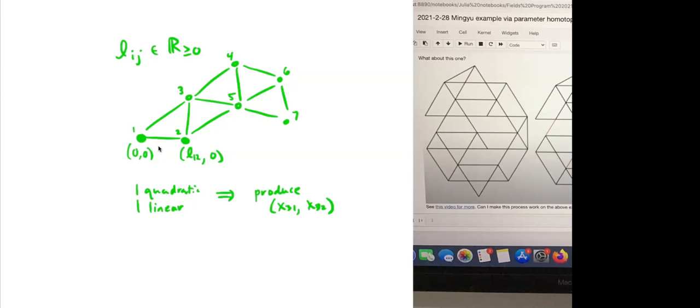And then, okay, maybe I should have labeled these differently. Once we know the coordinates of 3, which we can easily produce by solving a quadratic, so that means we can even do it using square roots, symbolically if we wanted, then we can produce vertex 4 because, again, now this triangle here is just one quadratic, one linear equation. And that'll produce the coordinates of vertex 4.